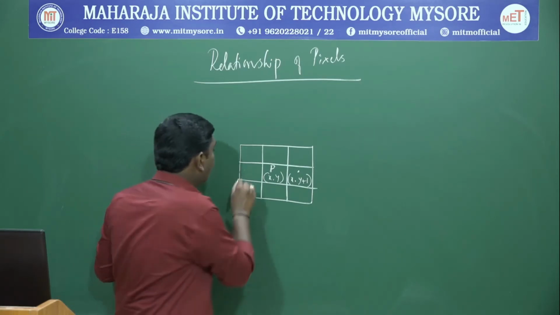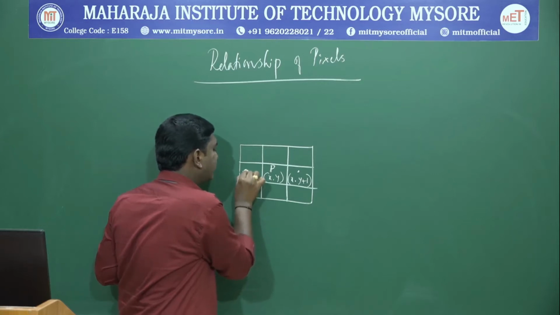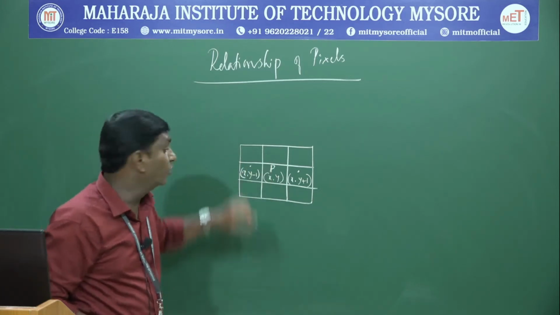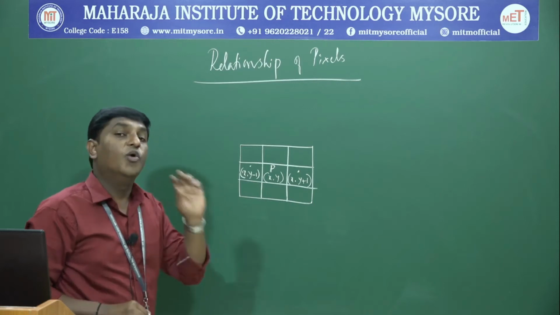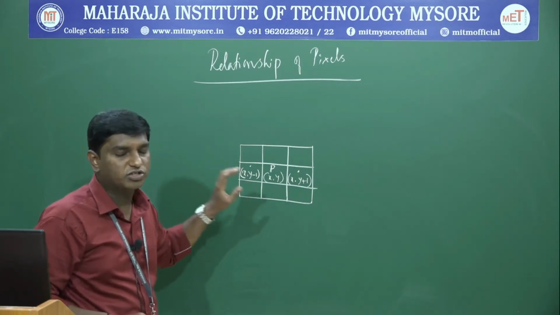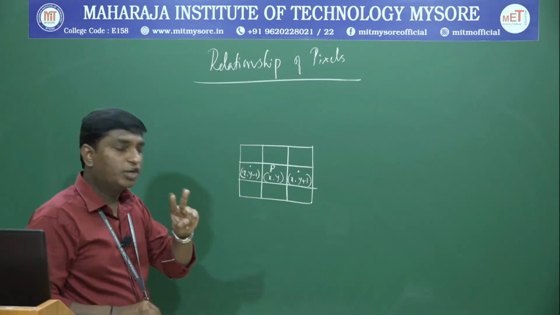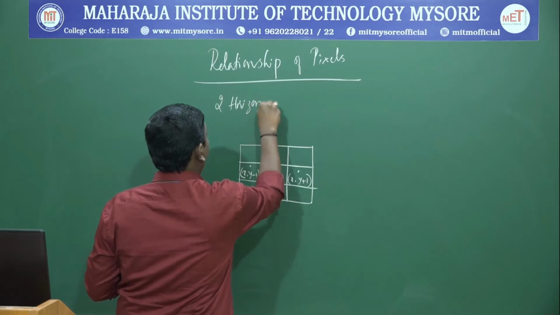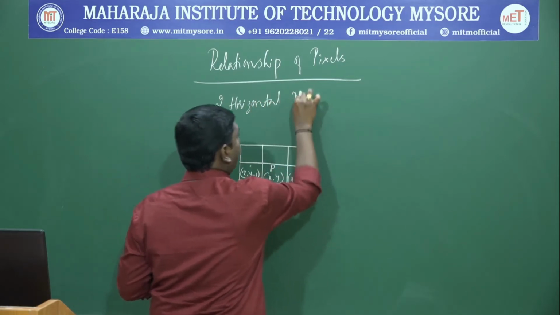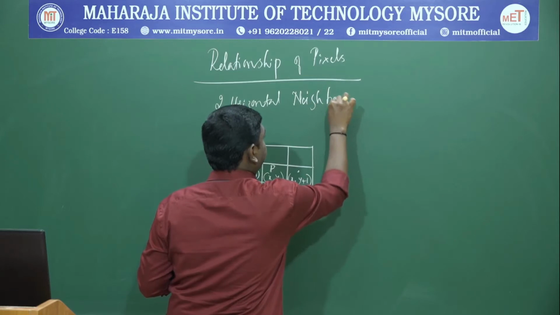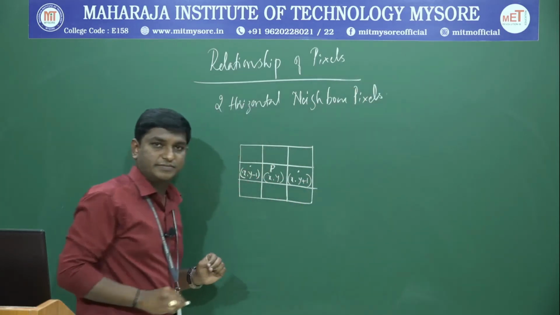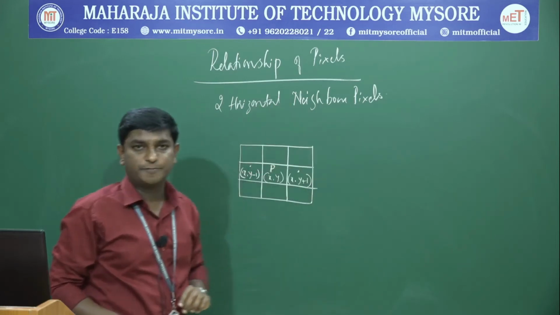So the coordinates of this pixel are x comma y minus 1. So this is one more pixel. So how many horizontal neighbor pixels are there here? You have 2 horizontal neighbor pixels.